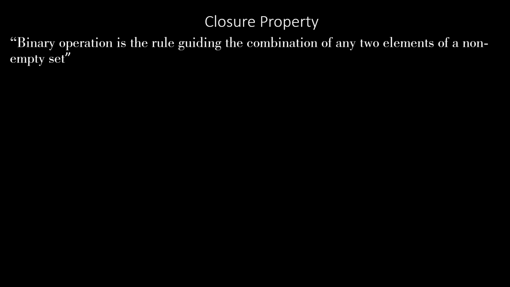But before we proceed, let us look at the meaning of binary operation. Binary operation is the rule guiding the combination of any two elements of a non-empty set. So giving an example of set A, which is equal to {1, 2, 3, 4, 5, 6}, binary operation is the rule guiding the combination of any two elements of this set.